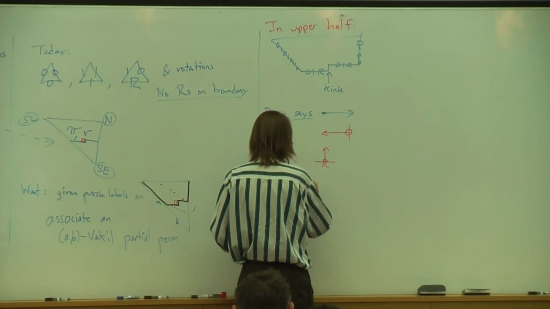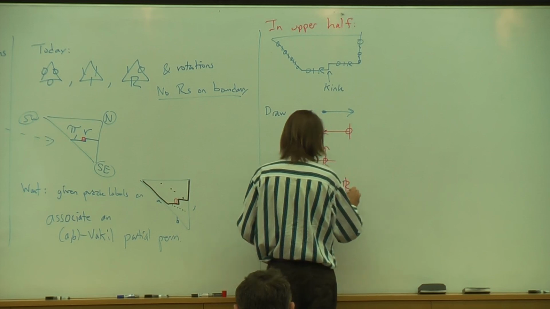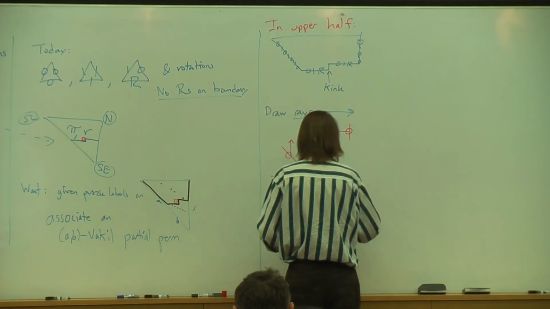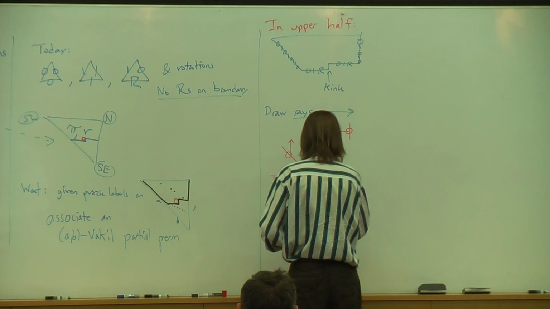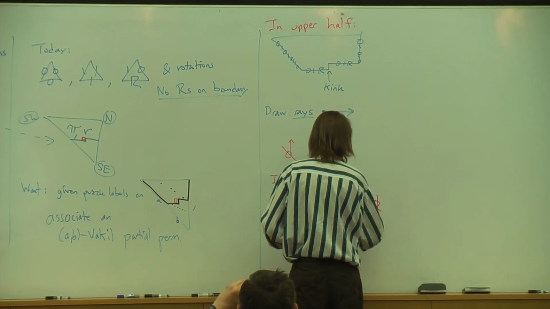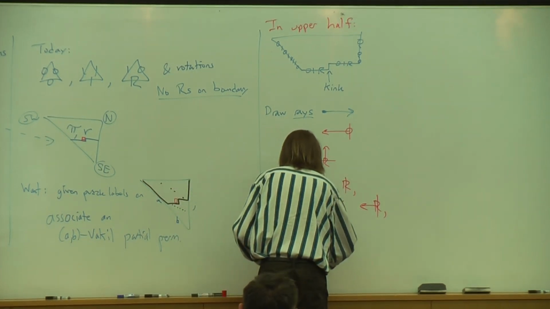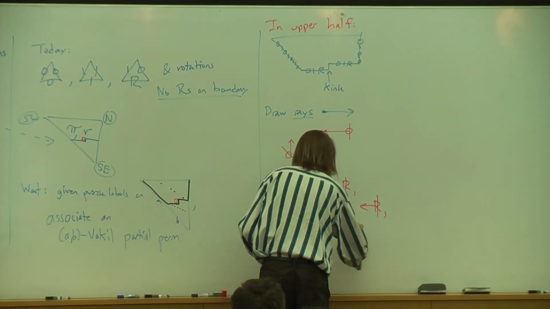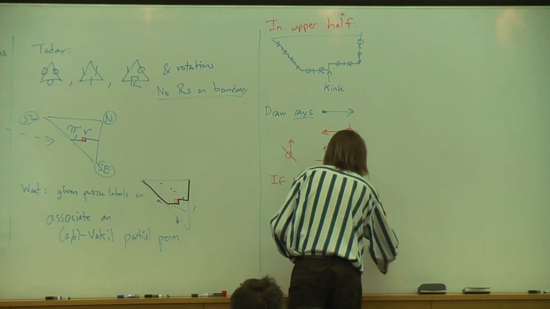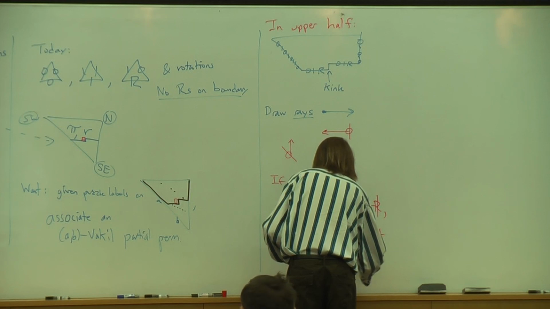Then there's this tricky bit. If the kink is a cut rhombus, then it gets a ray, and the next one to the left gets a ray also.